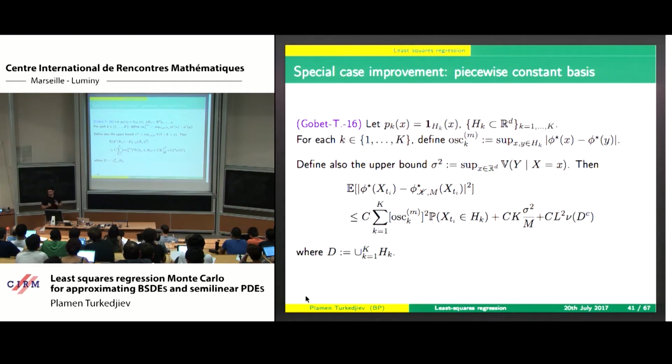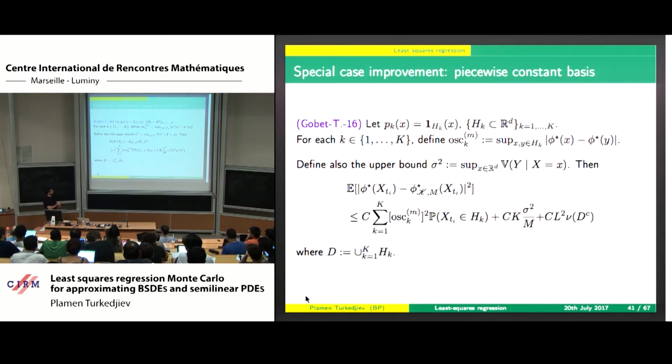Okay? But this was for this very specific class of basis functions, and I don't know any other results which try to extend this except for, I think, some sparse grids and things like this. So unfortunately, if anybody does know something, please let me know, because I would find it an interesting result.